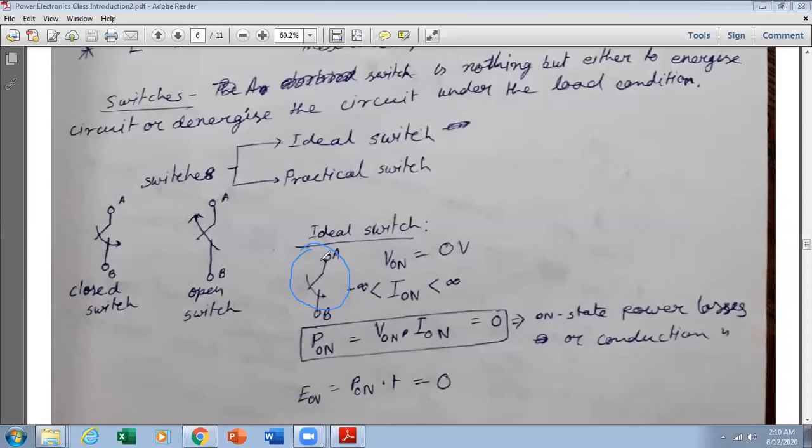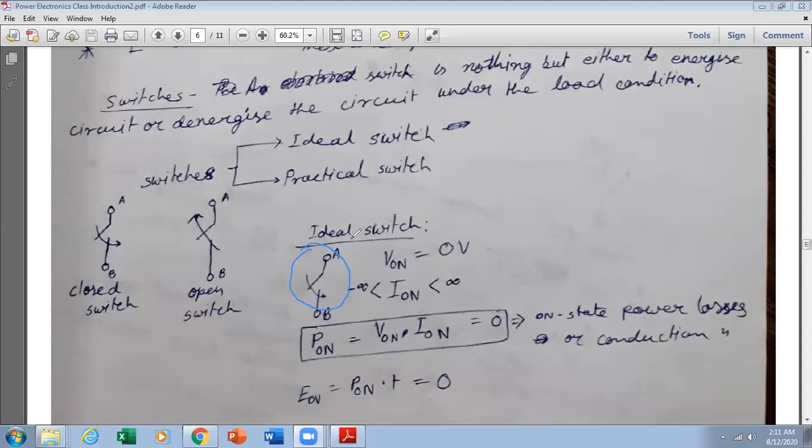When the switch is closed, the voltage drop across the switch is 0 volt, because an infinite amount of current is considered, because it is a switch. Is it clear to everybody? Please respond. Yes ma'am, it's clear.